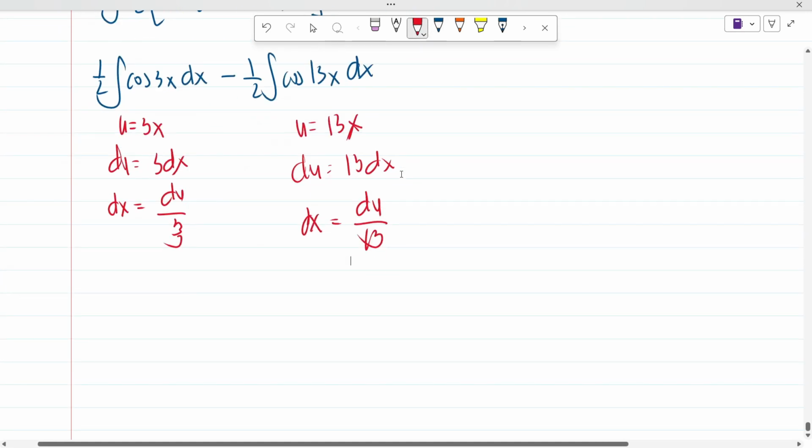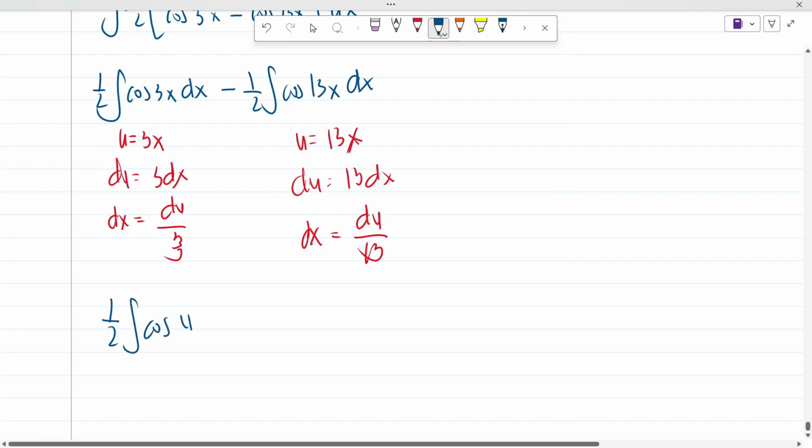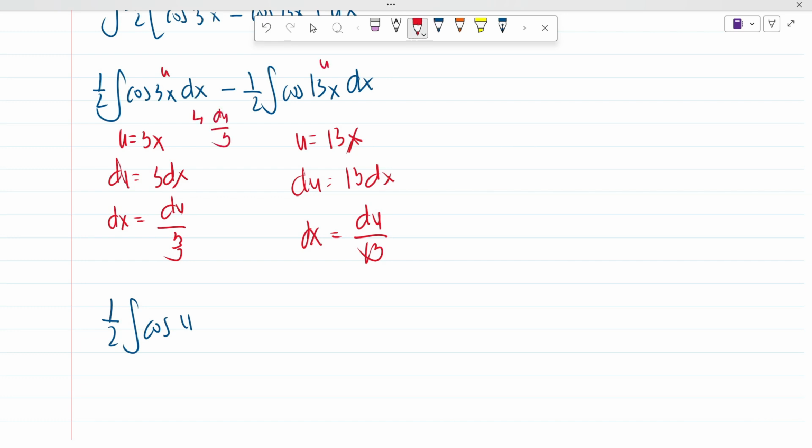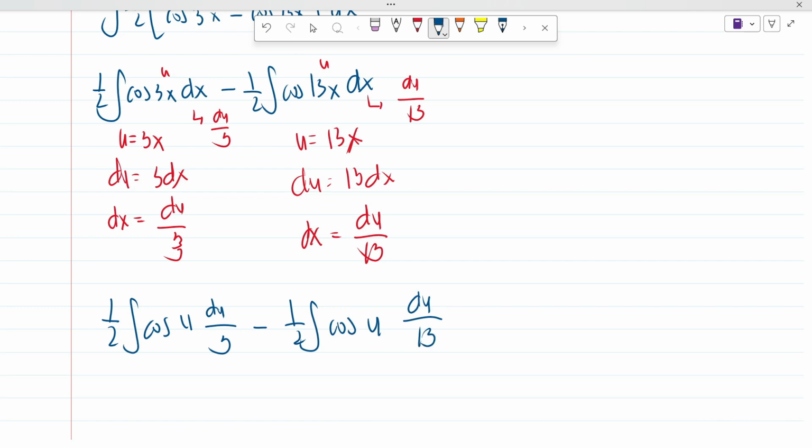Get it? Next, 1 half the integral of cosine of u, where dx is equal to du over 3, minus 1 half the integral of cosine of u, where dx represents du over 13.